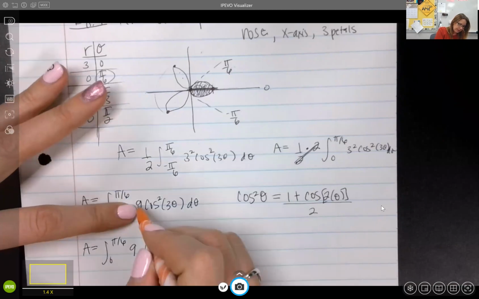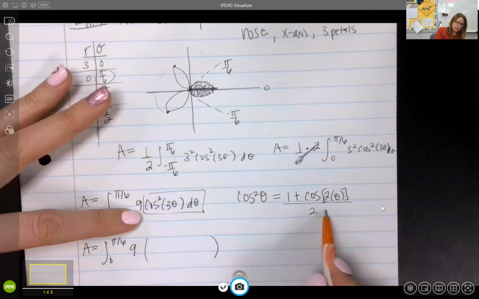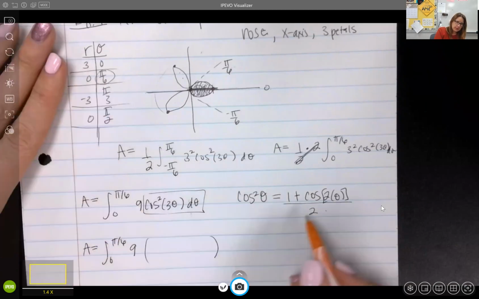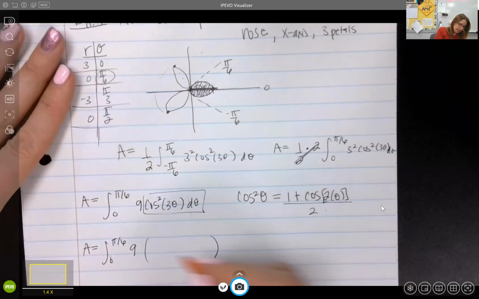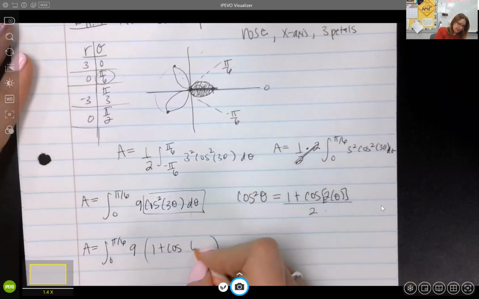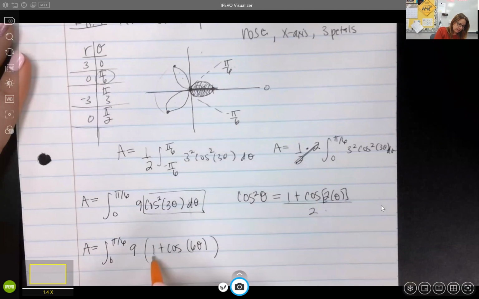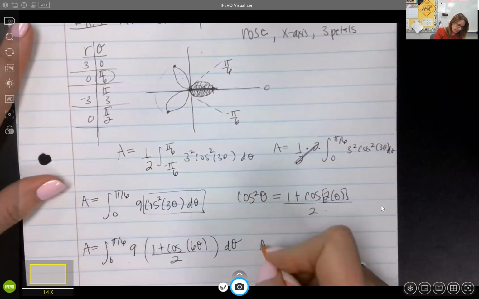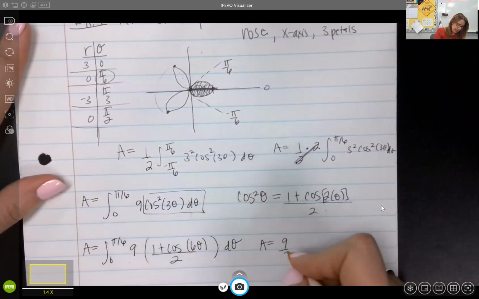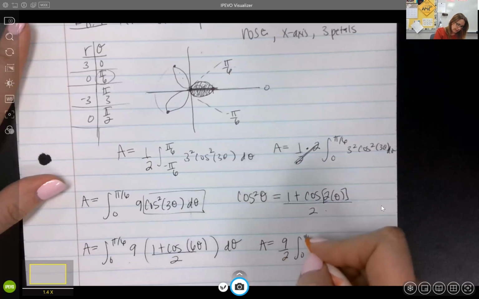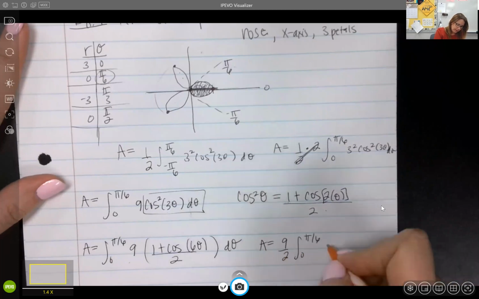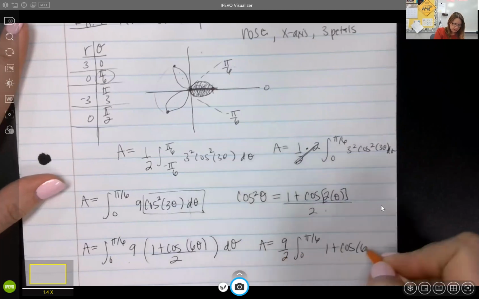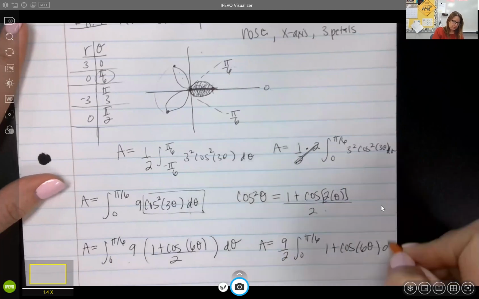I'm going to replace this with this. I shouldn't have put the d theta in there. So 1 plus the cosine of 2 times this is going to be 6 theta divided by 2. And then I could move this 2 over here. So we've got 9/2, 0 to pi/6, 1 plus the cosine of 6 theta.